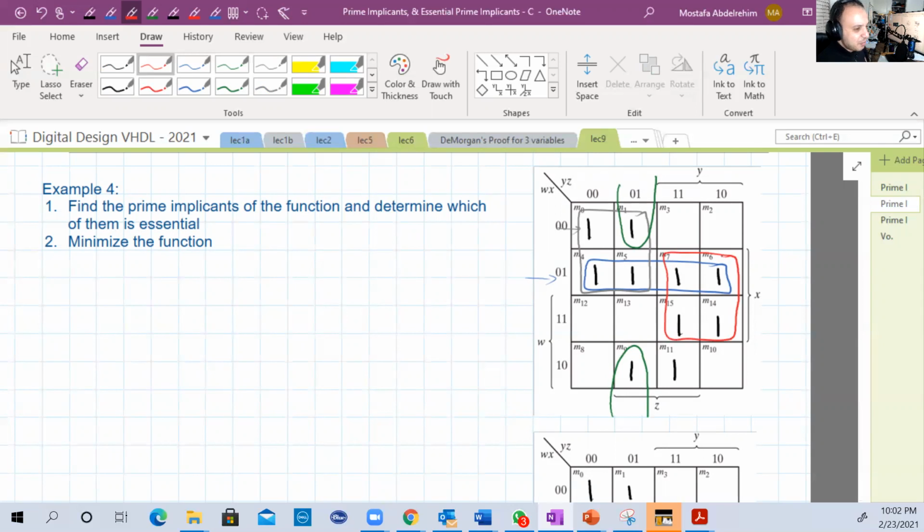So it looks like now the blue prime implicant is not essential. The fourth one belongs to the blue and the red, and that's it. Now let's go to the third row. This guy here belongs to the blue and also belongs to that group.